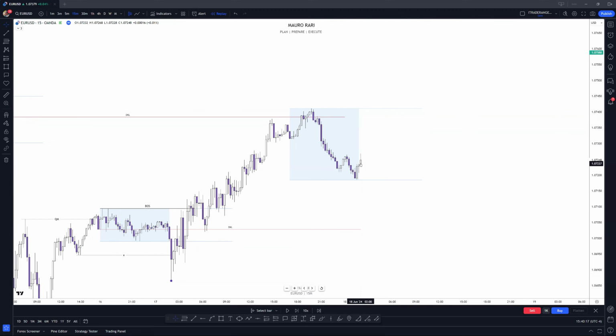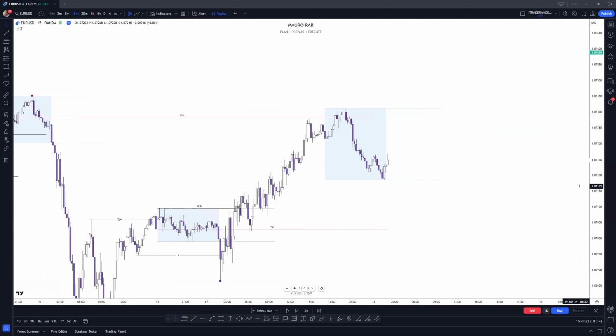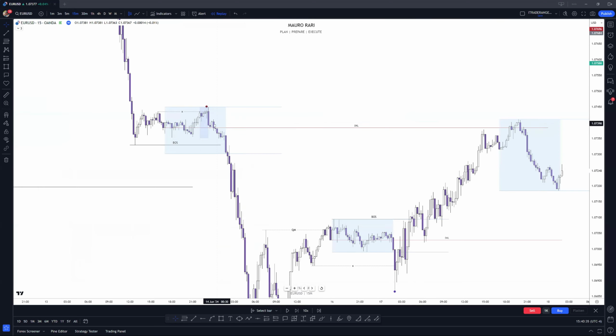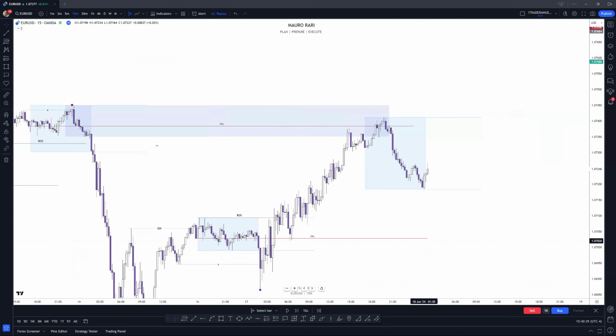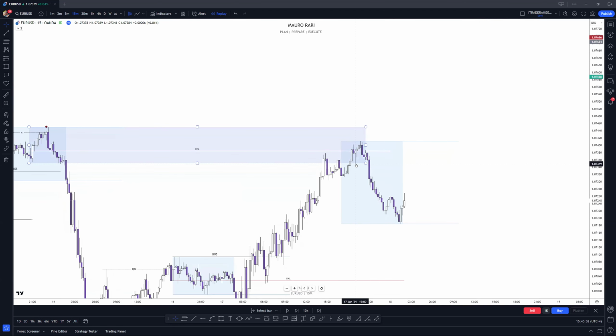So it's 2 a.m. We are approaching the London Open, and as we can see, price reacted to the daily key level, okay, in this area right there. We also have a bearish QM, okay.